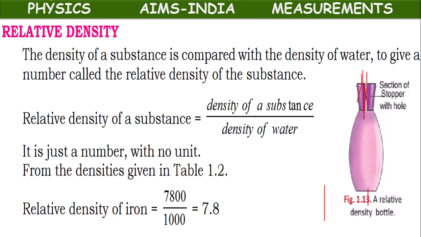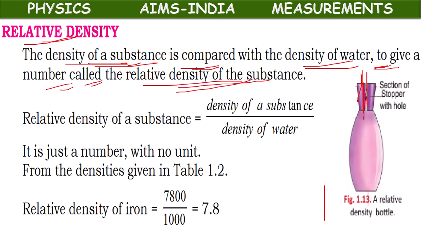Next one. Next we have relative density, children. Relative density means if the density of a substance is compared with the density of water to give a number, that is called the relative density of the substance.